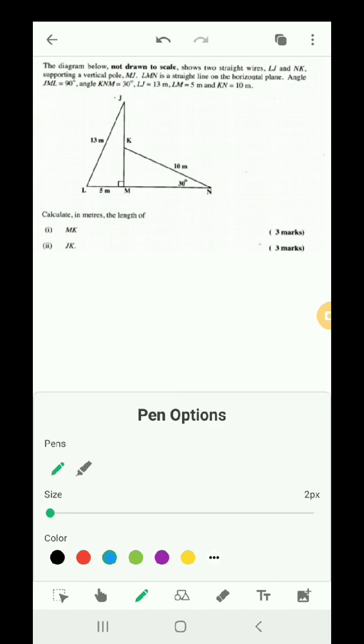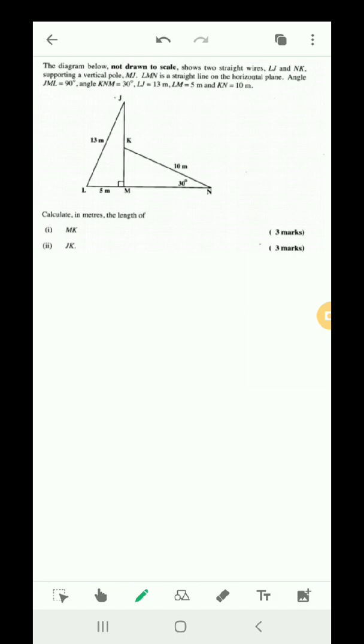Now MK is a part of this triangle here. So it's one side of this triangle we've marked there. Alright, so that's MK. And this triangle is a right angle triangle, as you can see clearly.